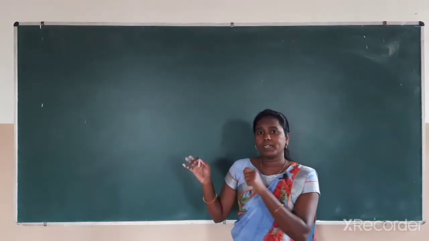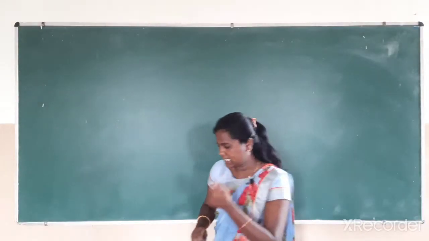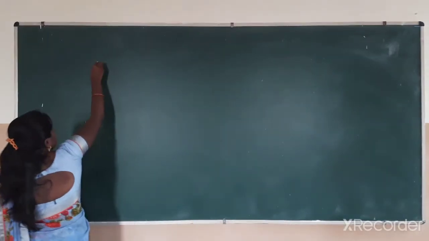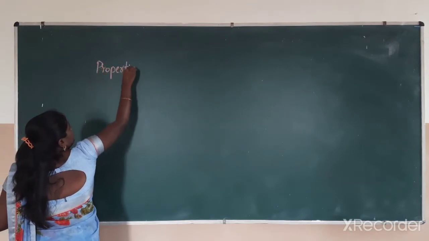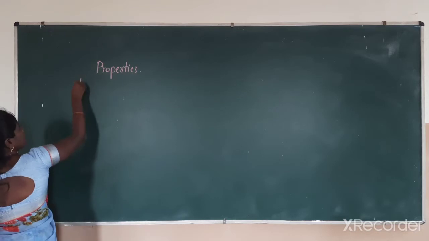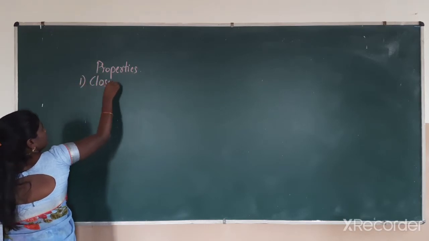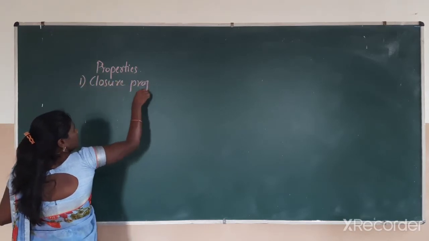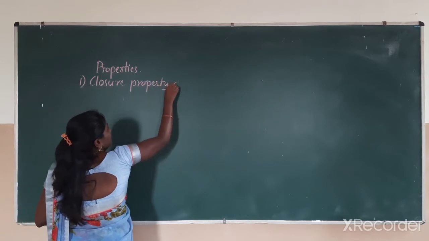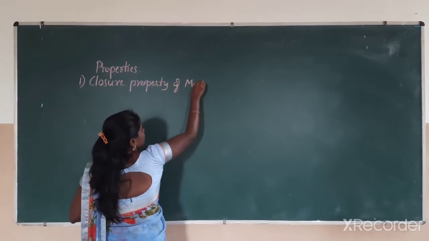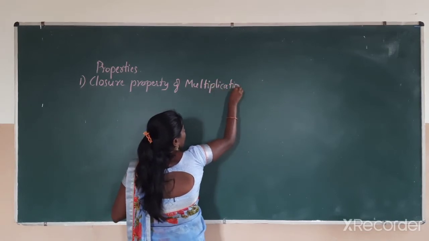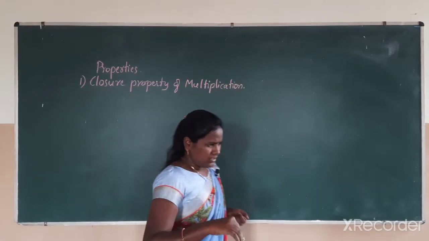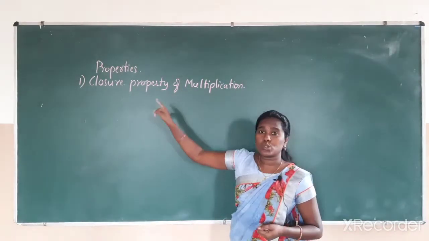Now we will go for those properties of multiplication. So the first property we will consider is the closure property. Closure property of multiplication. This is closure.